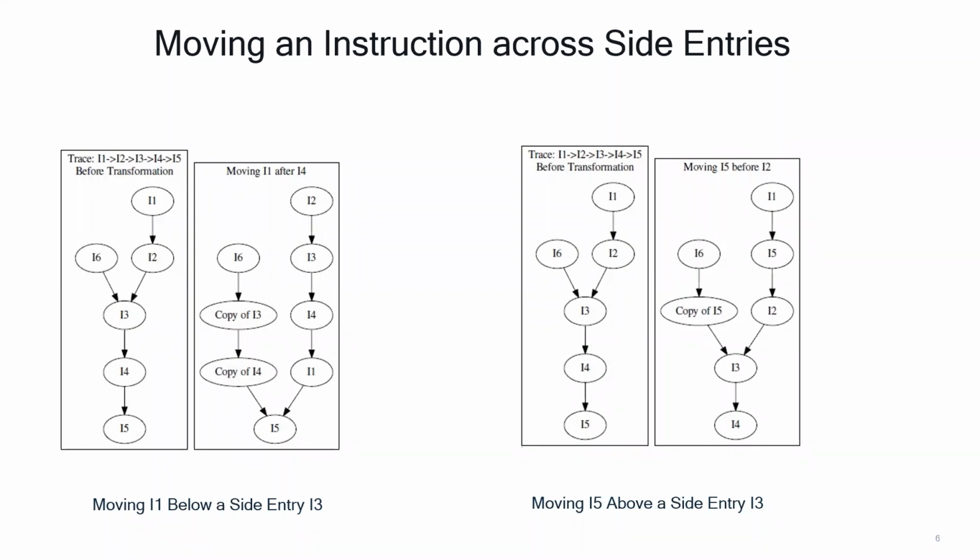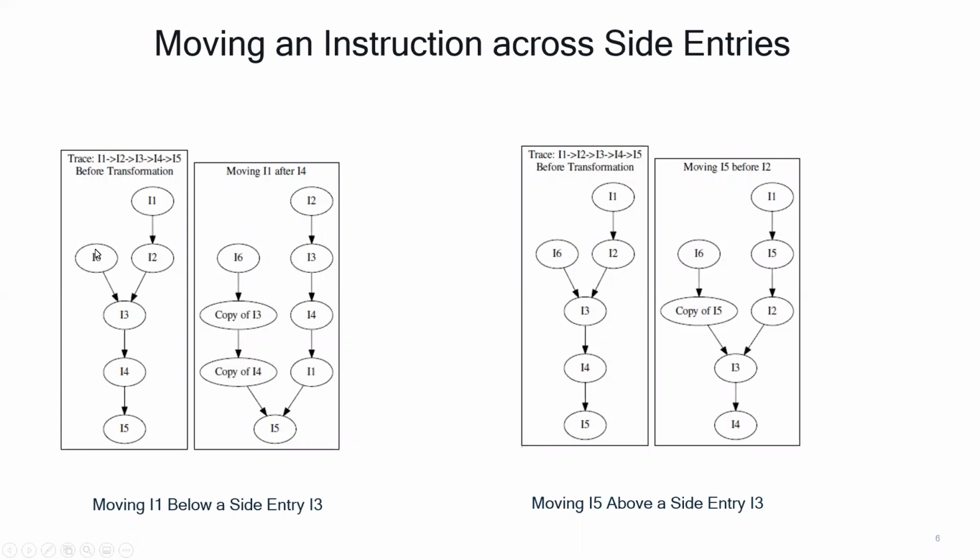Are we talking about the left side picture or the right side picture? Left side picture. We have two pairs of boxes, and we are talking about the left side pair. Before, we were considering the original trace. Suppose we move I1 after I4.